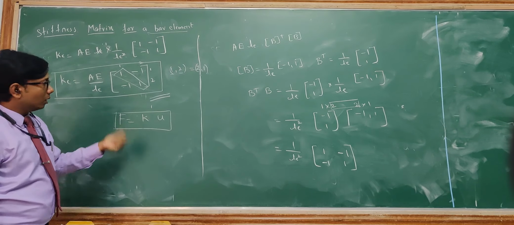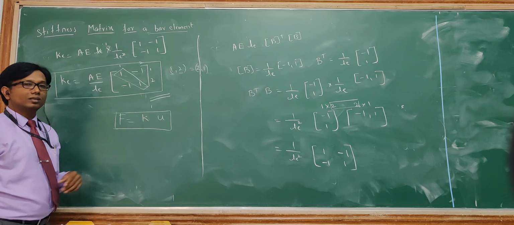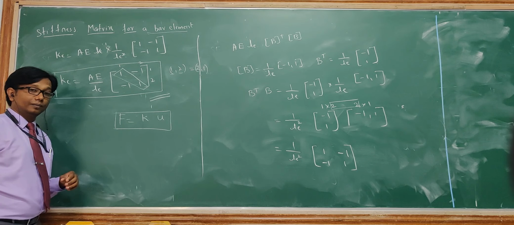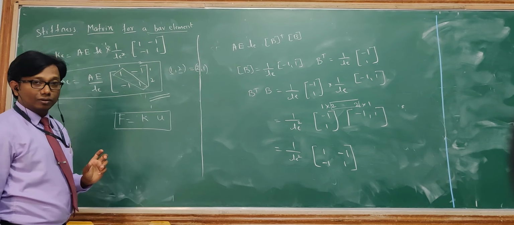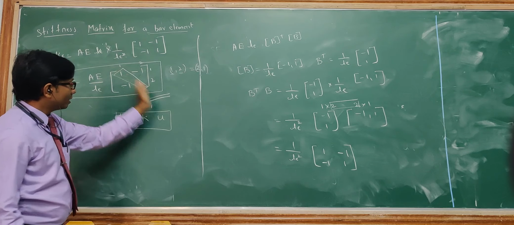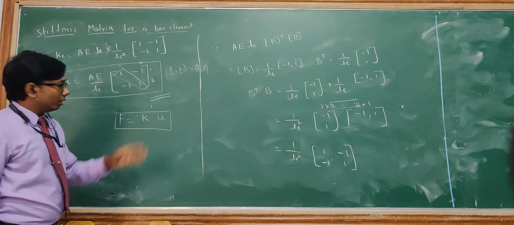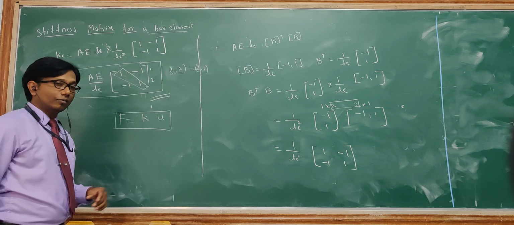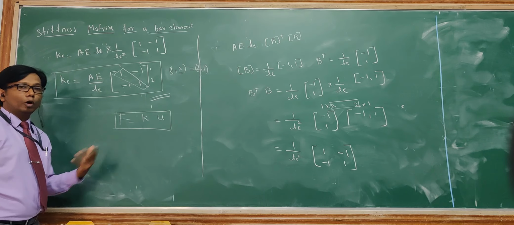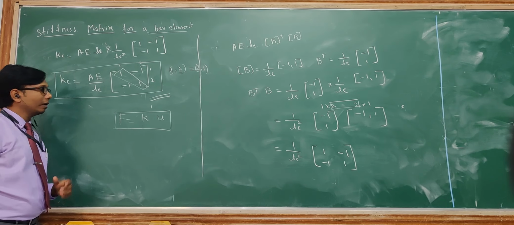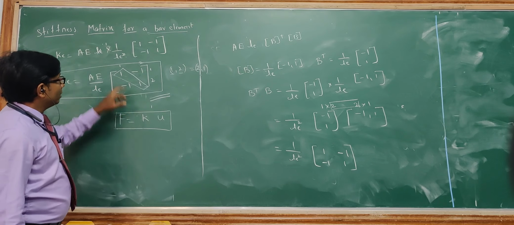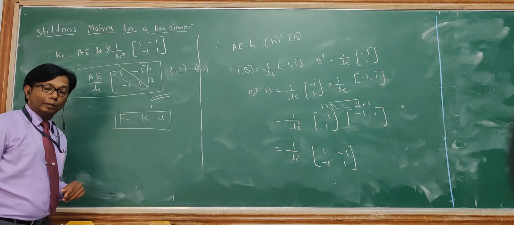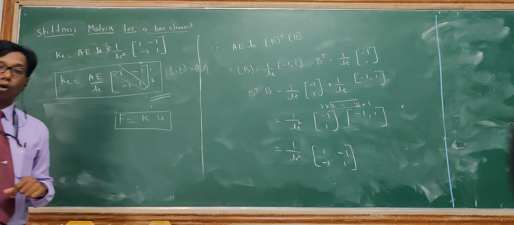So what are the properties? The first is that the stiffness matrix is a symmetric matrix. It will always be symmetric; the elements on the right and left sides of the principal diagonal will always have a symmetric property. The second property is that the principal diagonal elements of a stiffness matrix will always be positive.